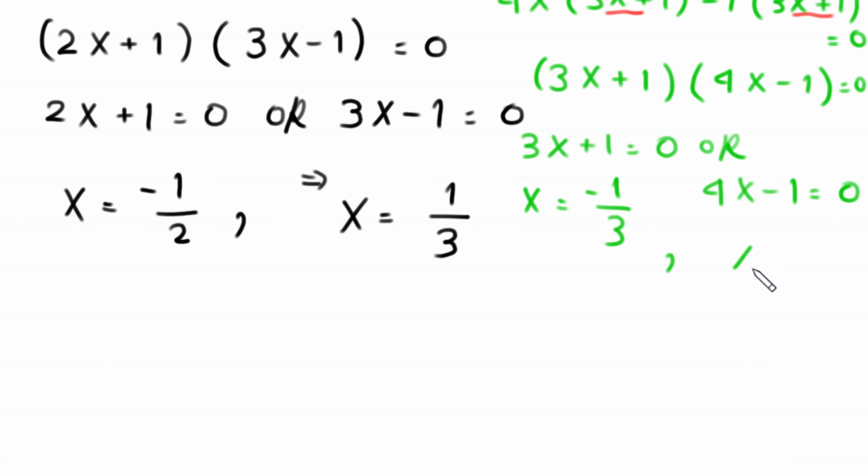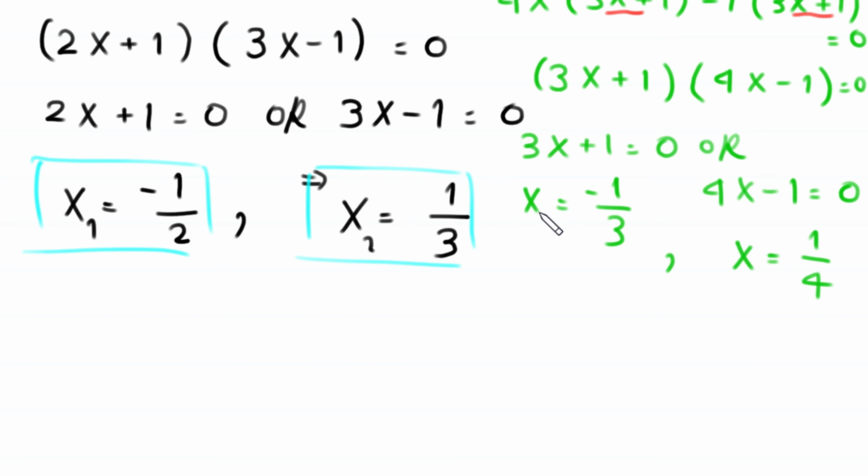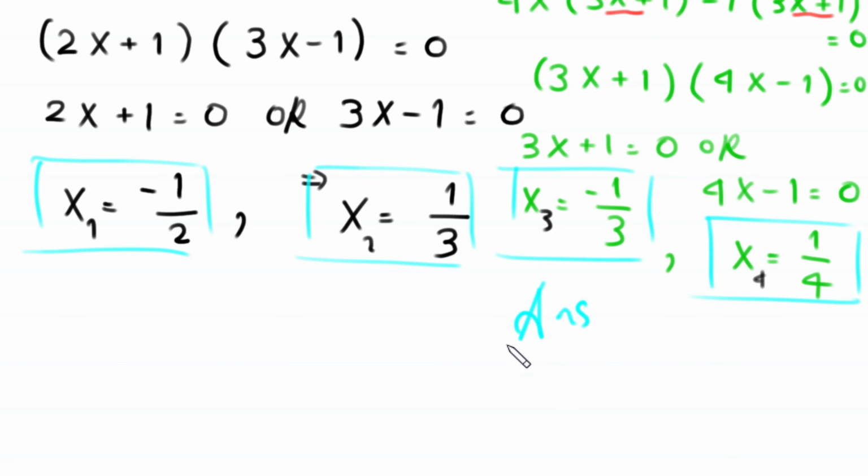This implies that x is equal to 1 over 4. This is first negative 1 over 2, this is second 1 over 3, this is third negative 1 over 3, and this is fourth positive 1 over 4. These are the four solutions of this equation.